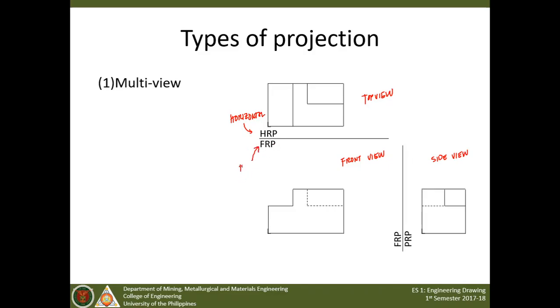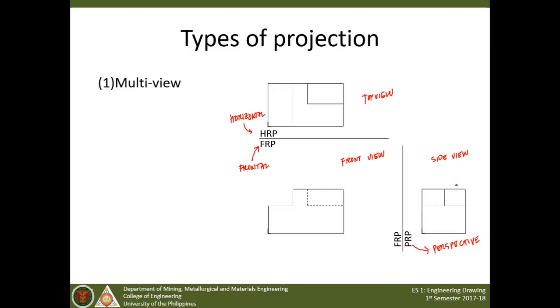FRP stands for frontal reference plane, being that it is the front view. This HRP is called horizontal because it is parallel to the horizontal plane. And this one is last, your perspective reference plane.